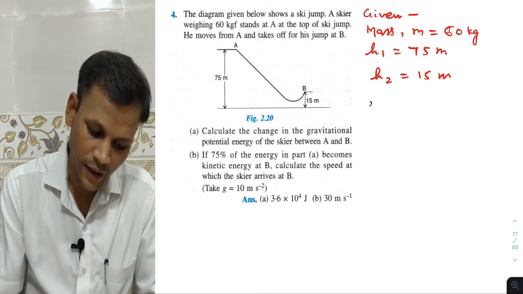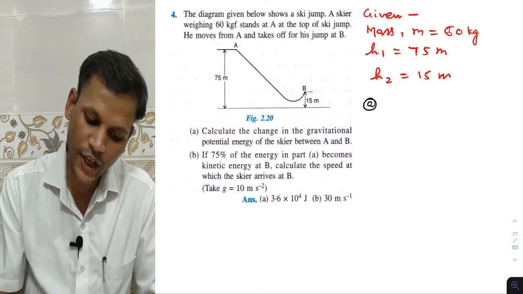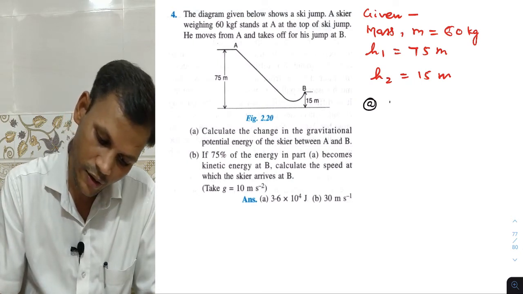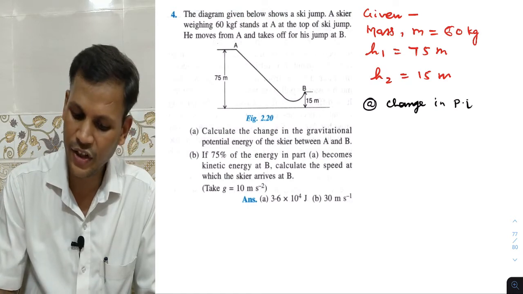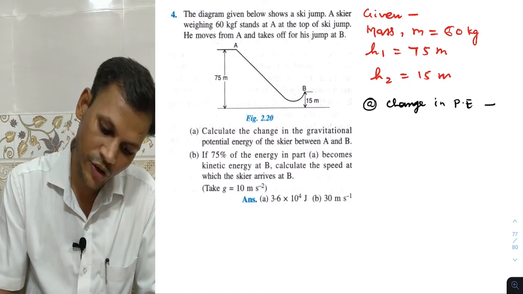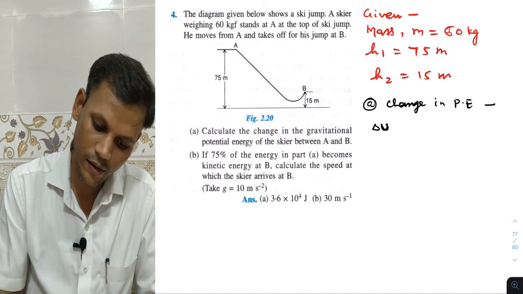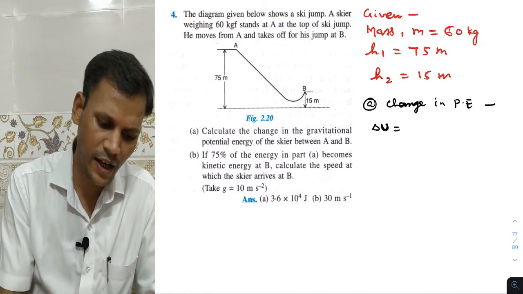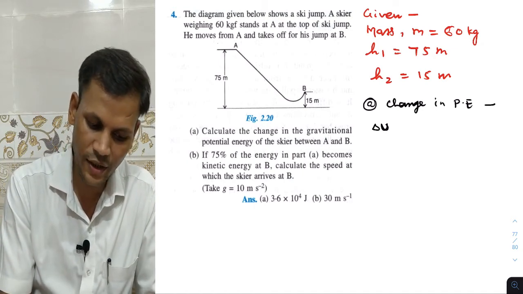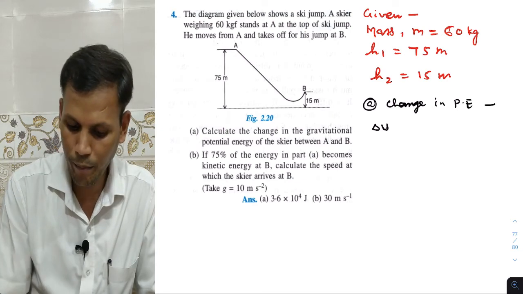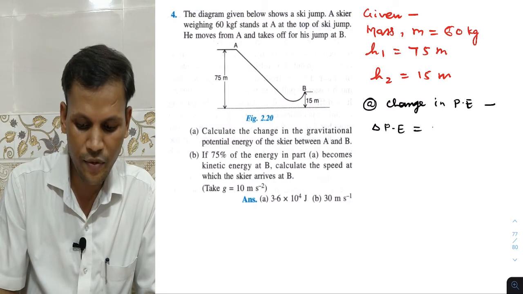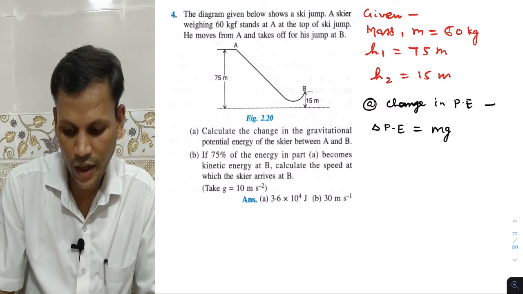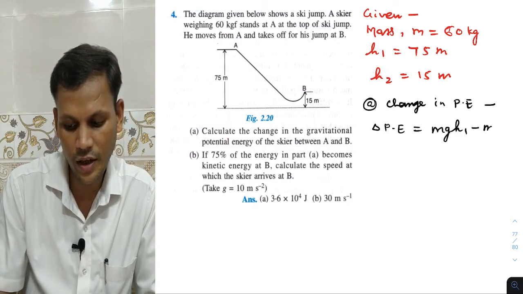Part A, change in potential energy. Change in potential energy, delta PE, will be mgh1 minus mgh2.